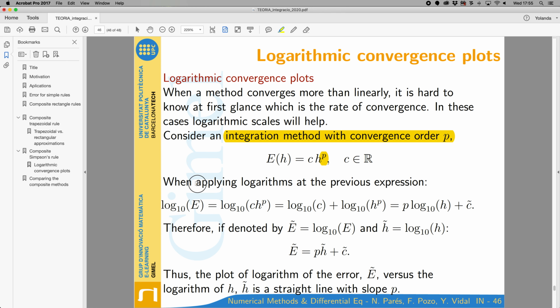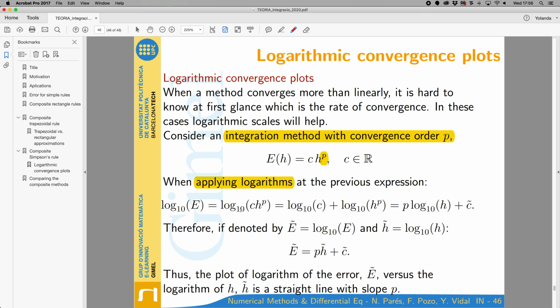So we will apply logarithms. This is not the first time we use logarithms to plot convergence graphs. We will apply the logarithm to the left side and right-hand side of this equality, and we will get that the logarithm of the error is equal to the logarithm of this part.